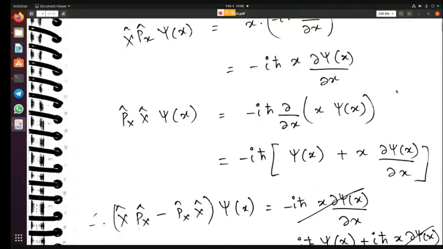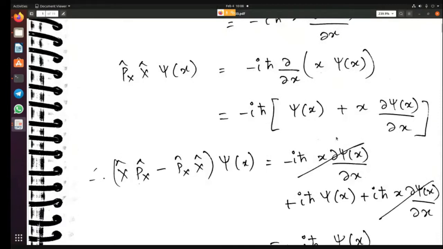You apply the standard rule for differentiating a product of two functions. You get minus i h cross times psi of x, since dou x by dou x gives 1, plus x into dou psi by dou x.